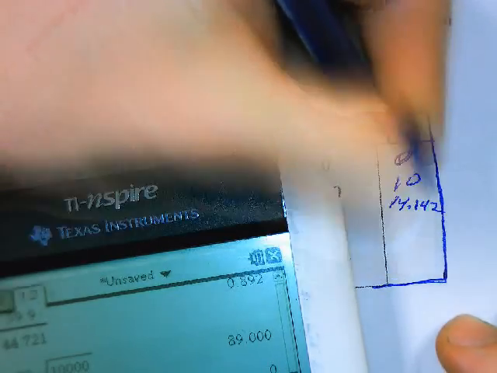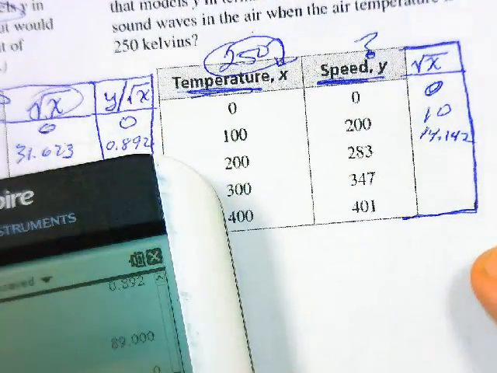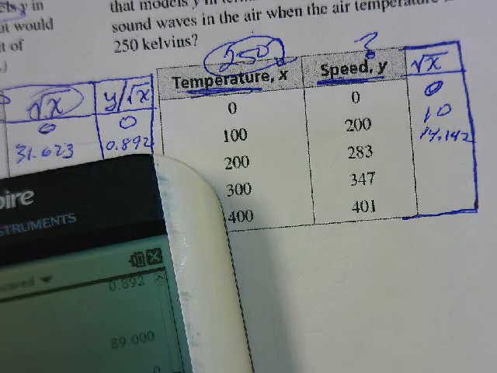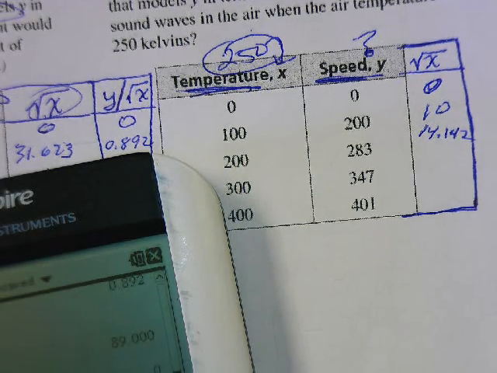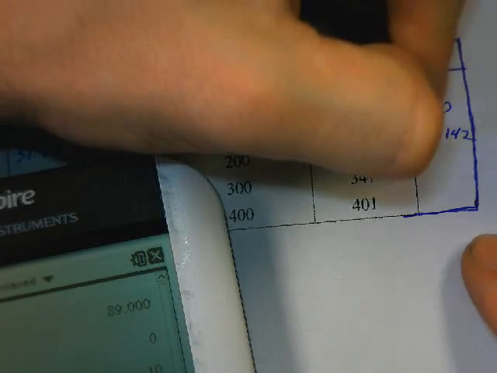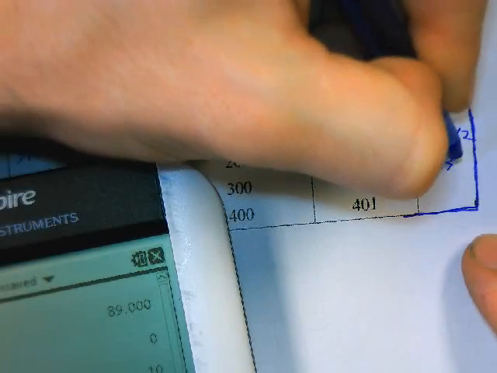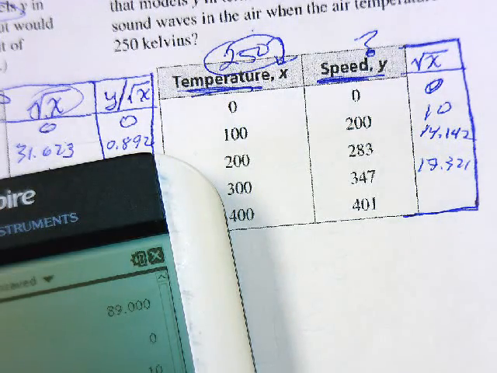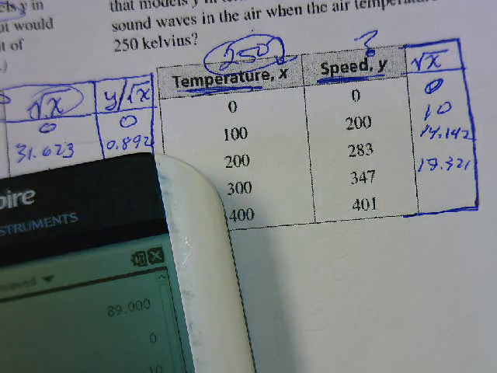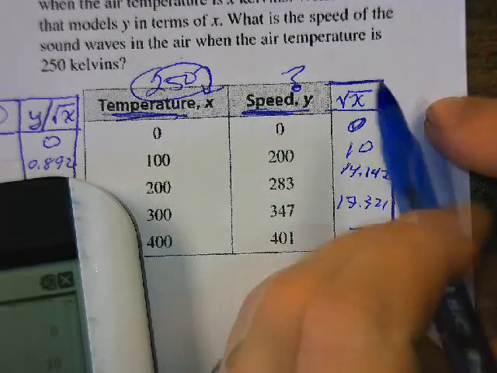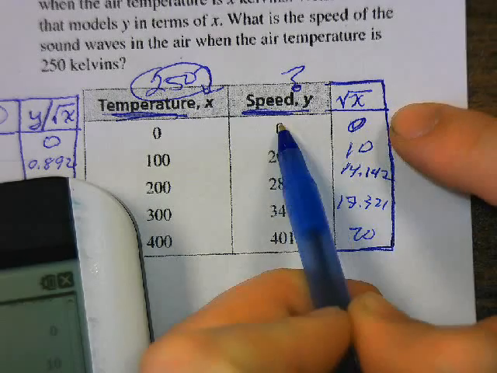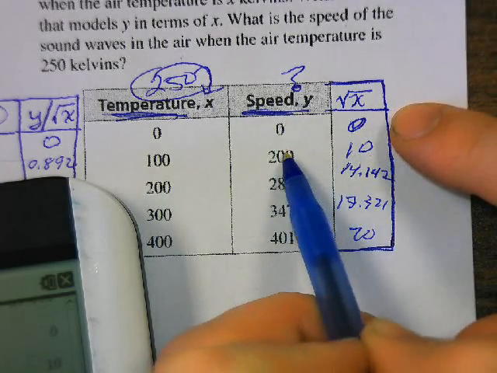F1 of 300 gives us 17.321. And F1 of 400 gives us 20. And now we're ready to set up our division. So we're going to divide 0 divided by 0, 10 divided by 200, 14.142 divided by 283. And we're going to see if we can get a number to pop out of this.